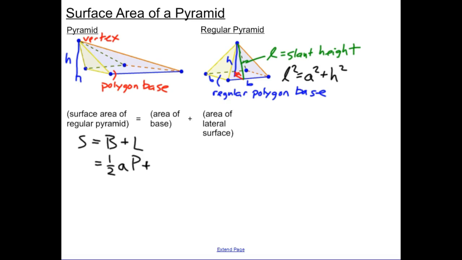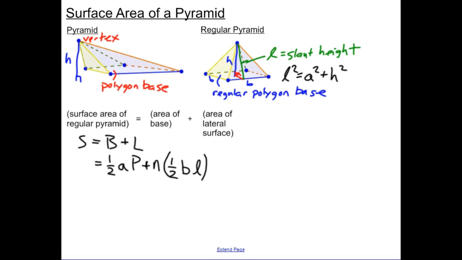So the area of one of these lateral faces is 1/2 b, that's a side length of my polygon base, times L, my slant height, and I'm going to multiply that by the number of faces that I have. That's n.